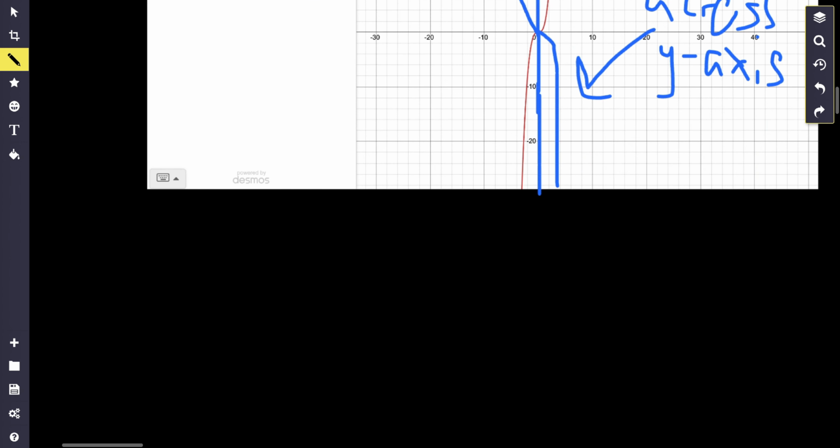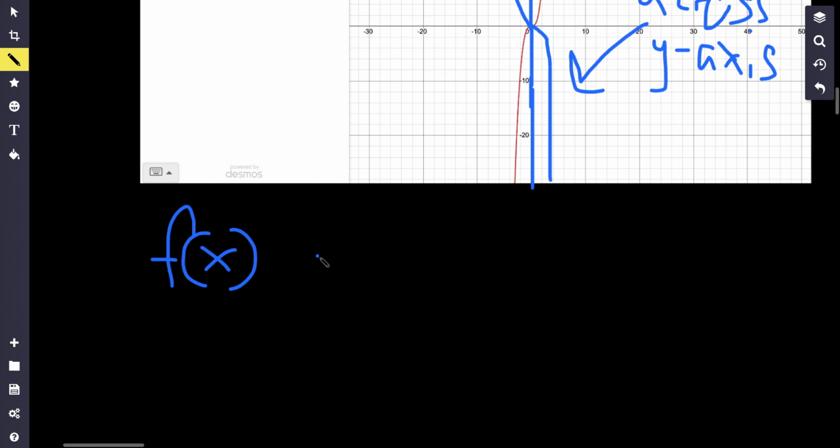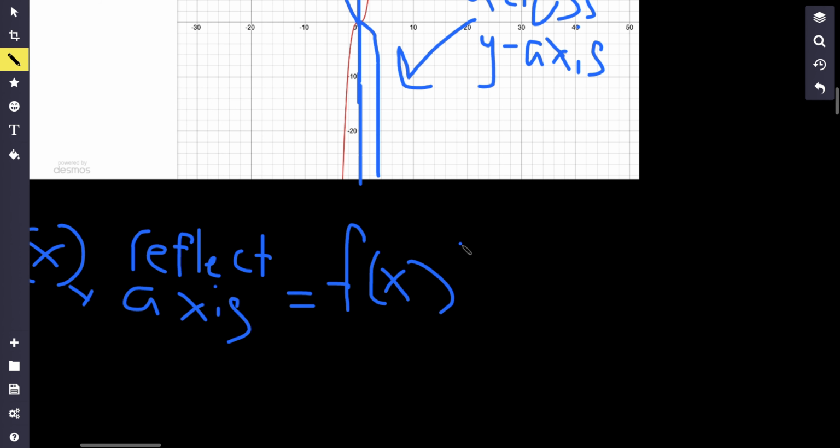This means that if you take f of x, let's say this is an odd function, and you reflect it across the x-axis, it's going to be the same function as if you took f of x and reflected it across the y-axis.